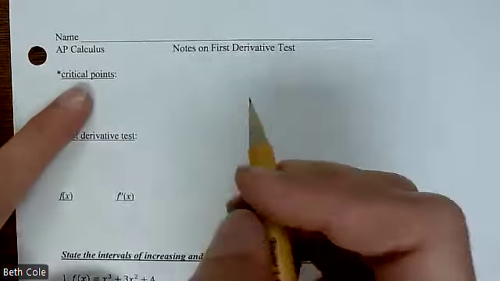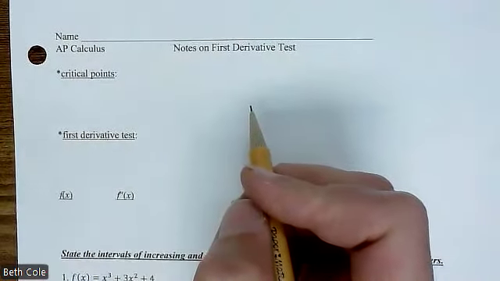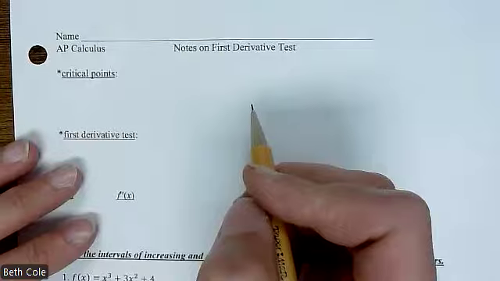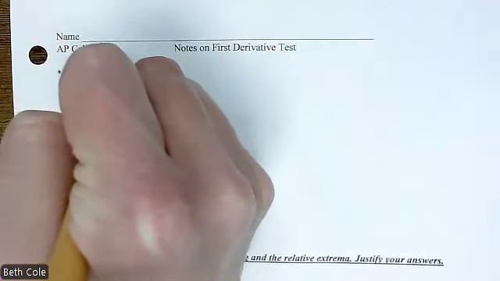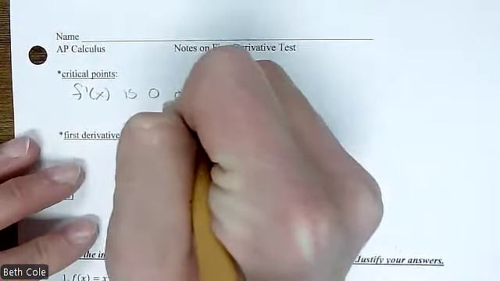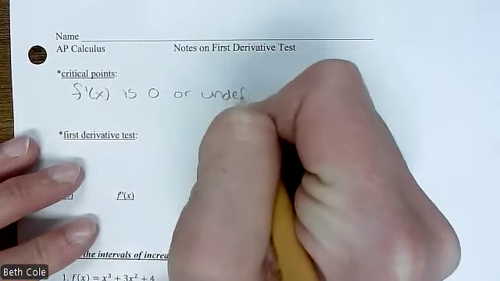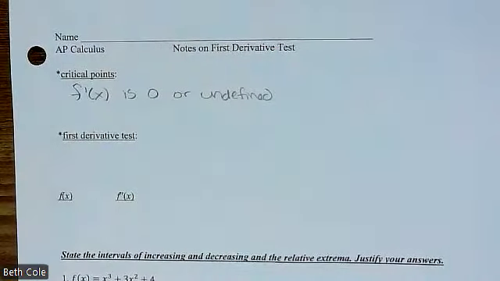Okay. So critical points. We've gone over this before, but it's a big topic in the lesson we're going to do, so we're going to bring it up again. It is where your derivative is 0 or undefined. People forget about that undefined sometimes. It's where your derivative is 0 or undefined. So like if you had a sharp edge or something, that's a critical point.